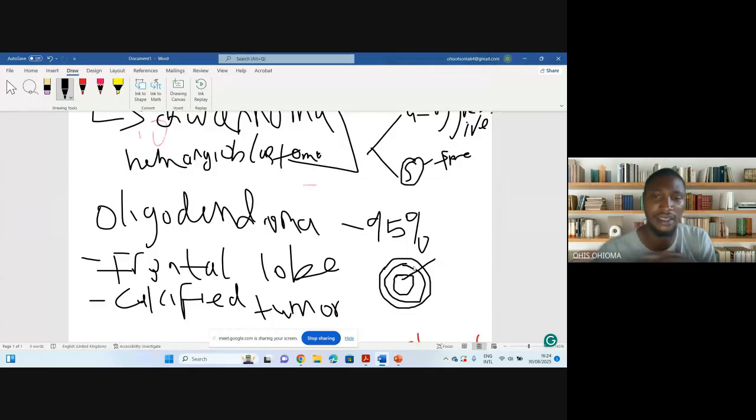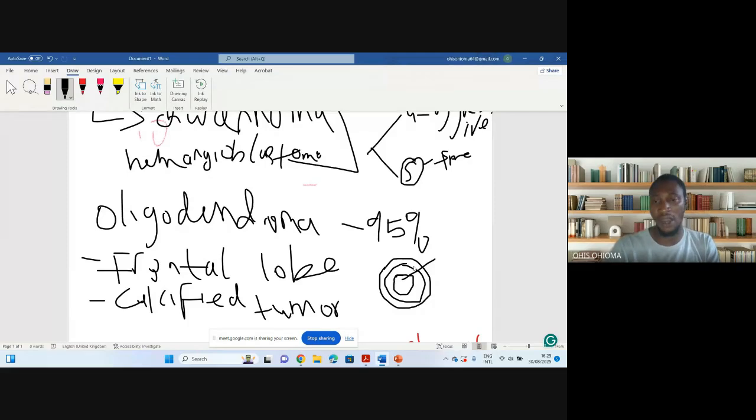Kind of like you're frying eggs. And so anytime you think of an oligodendroma, you think of a chicken wiry pattern. Anything to do with the chicken. A chicken produces eggs basically. So that's how I want you guys to associate it in your mind.